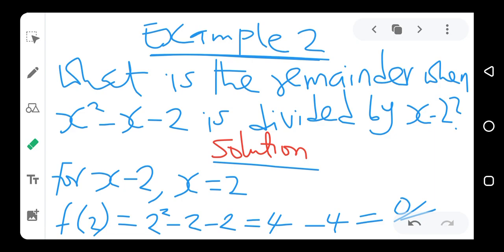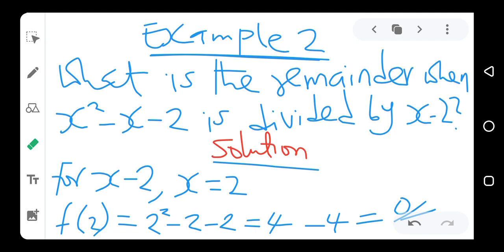That means that the remainder is 0. When the remainder is 0, then the term is acting as a factor of the polynomial. So it means that x minus 2 is a factor of this polynomial, like we've gotten before.